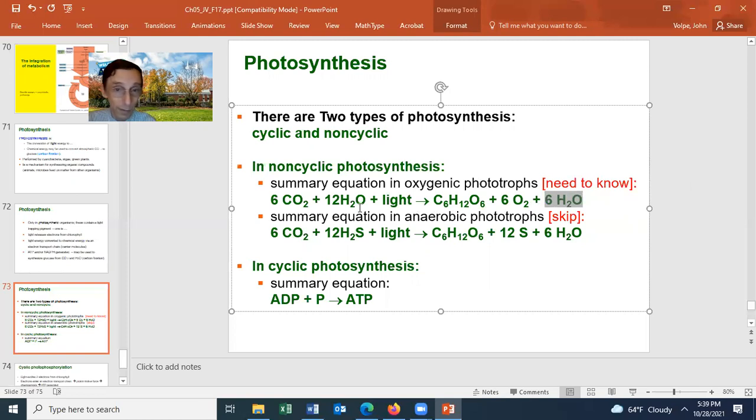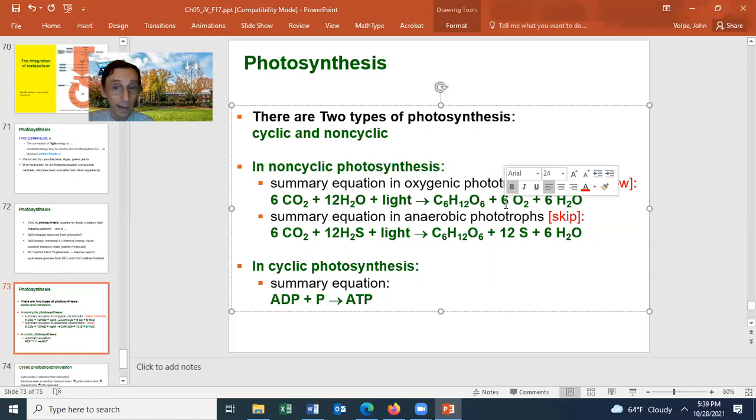I prefer this equation showing 12 water molecules, because when we look at where all of the oxygens generated by photosynthesis come from, meaning there's 12 atoms, 6 times 2 is 12, they come from water. So you need the 12 water molecules.